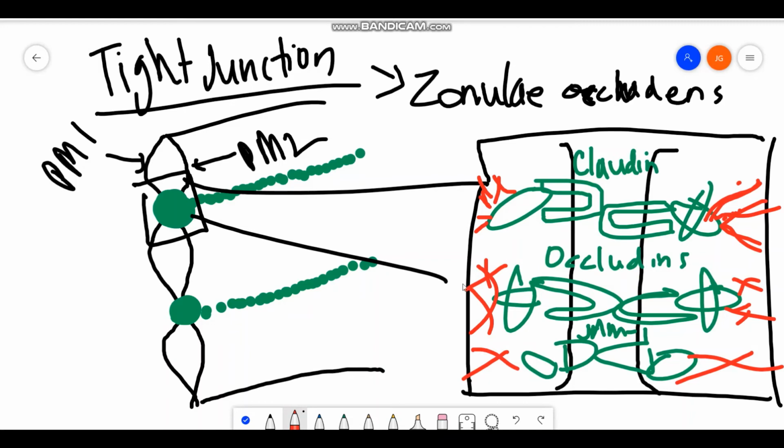These are from families of proteins. JAM is actually a family of proteins. So claudins, occludens, and JAMs are families of proteins, and you're going to get all kinds of proteins at the tight junction. It's going to depend on your cells and where in the cell you are, because these are very important, believe it or not, in signaling. These serve as fences that molecules cannot get through.